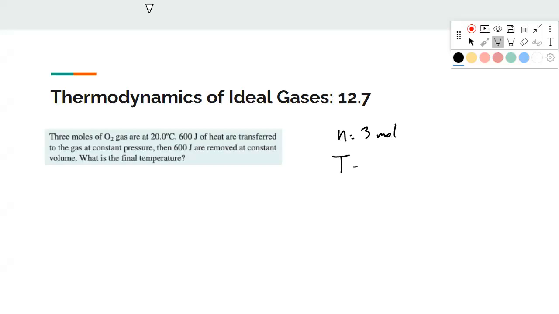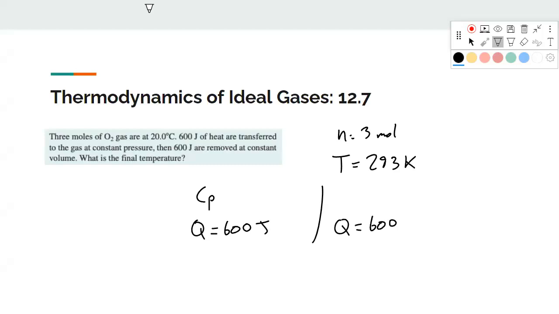The temperature is 20 degrees Celsius, so 293 Kelvin. 600 joules of heat are transferred to the gas at constant pressure. So at first, we're going to be at constant pressure with 600 joules of heat. And then 600 joules of heat are removed at constant volume. And they want to find the final temperature here.